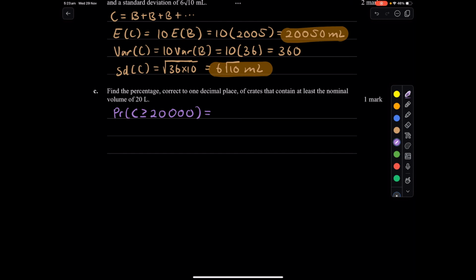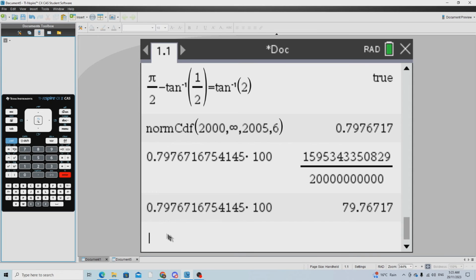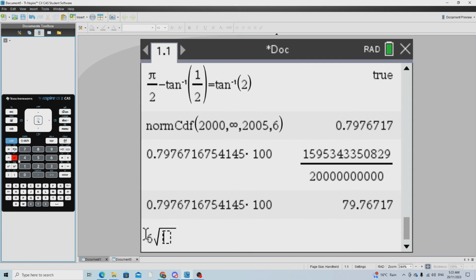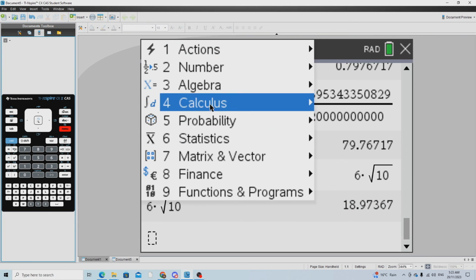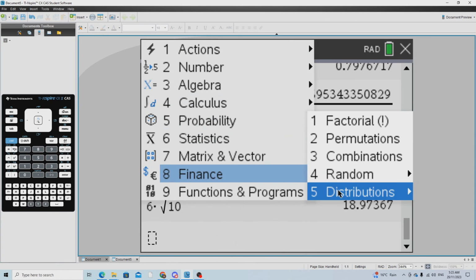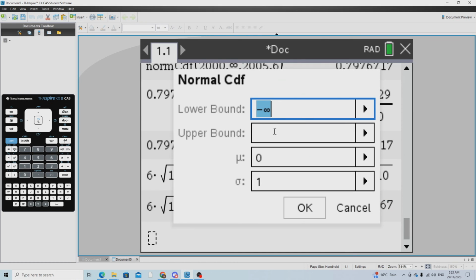We already have the mean and the standard deviation. So let's put 6 root 10 into decimal. Let's copy that. Go to calculus, probability distributions, normal CDF. We're saying 20,000 and we want to go to infinity.